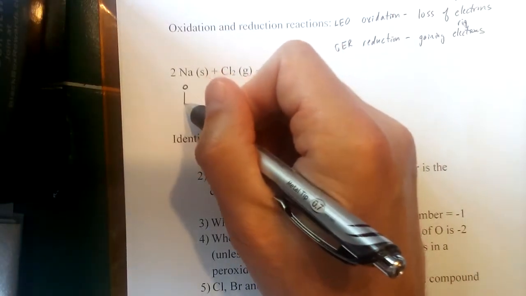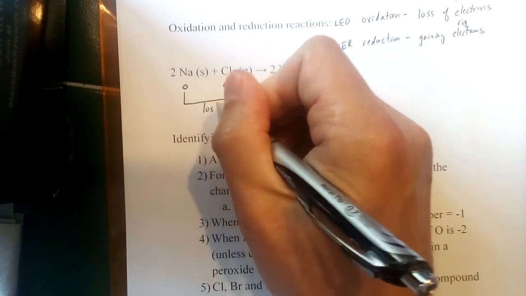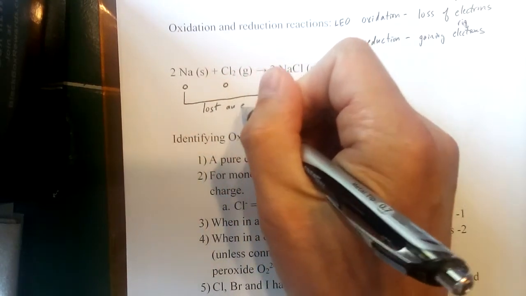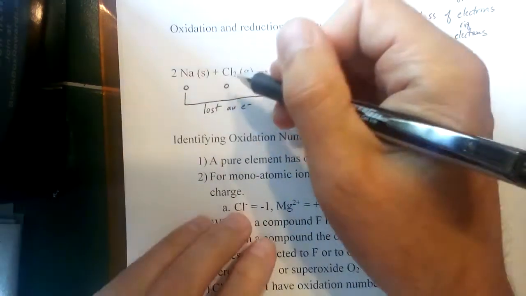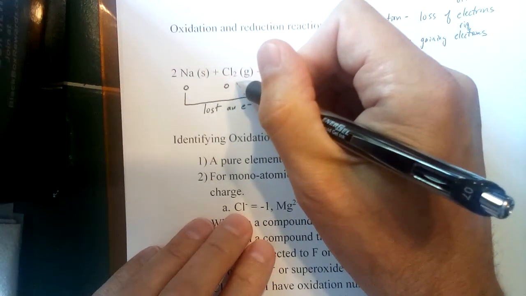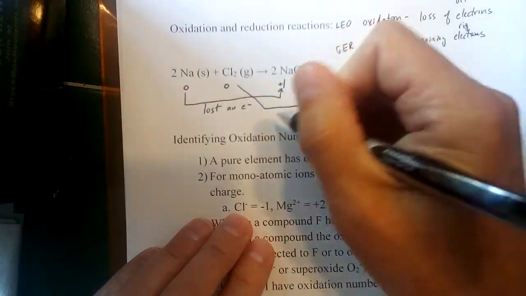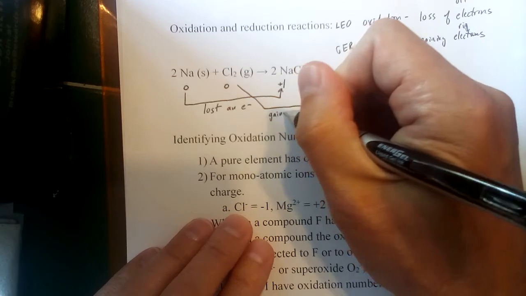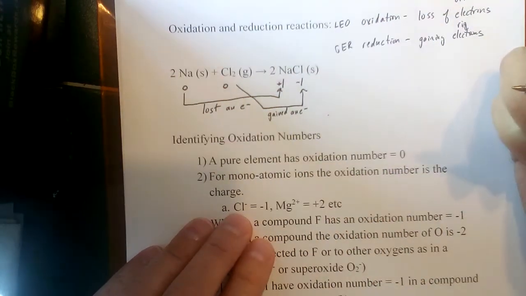If the sodium goes from 0 to +1, that would mean it lost an electron. So each sodium atom in this equation would have lost an electron. And the chlorines go from 0 to -1. That means each chlorine atom gained an electron in this reaction.